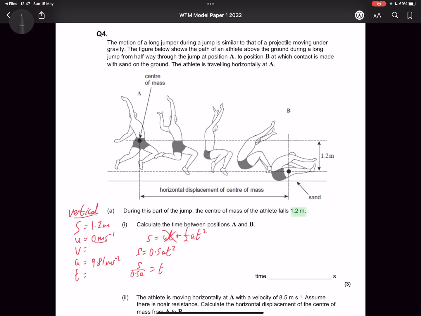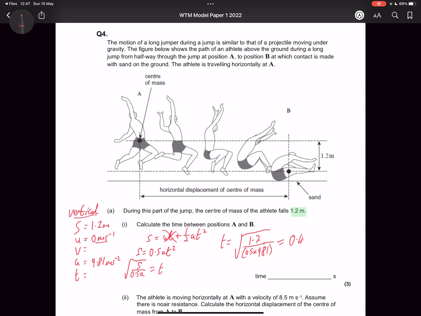And if we plug in our numbers, we have 1.2 over 0.5 times 9.81, all rooted. Remember to use brackets if you're showing this, and if you're typing into your calculator. And our answer ends up as a long string of numbers, 0.4946, etc., etc.